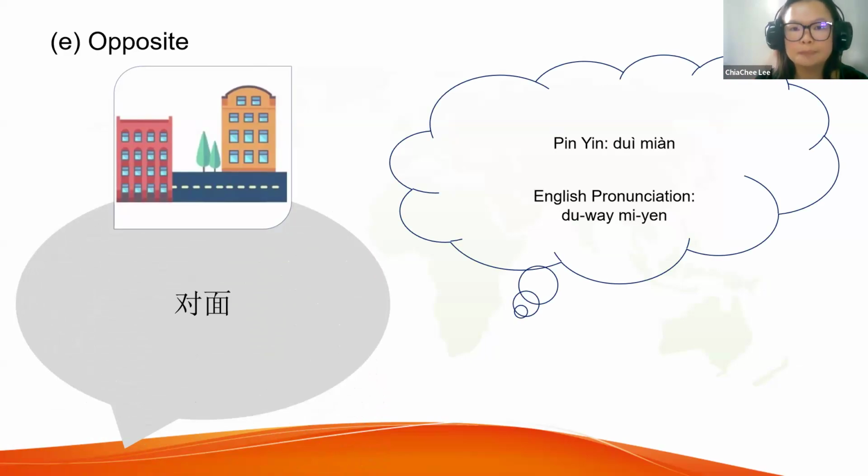As we observe here, there is a gap between me, the speaker, and maybe my photocopy machine. The machine is at my opposite, 对面. So it's a little bit farther back in front.